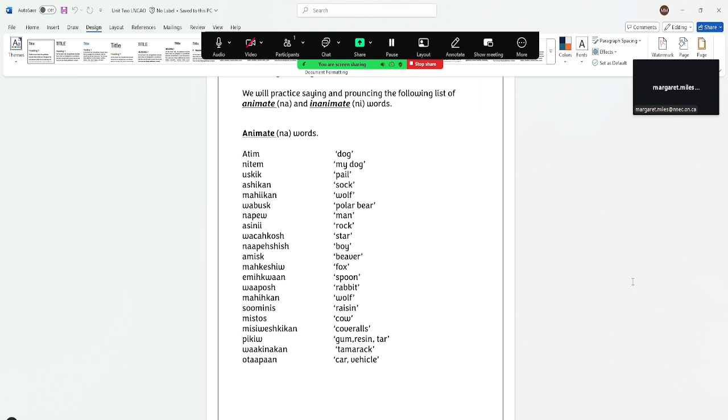Another example, you would not say beta napel, but you would say peso napel. Or you would not say beta amisk, but you would say peso amisk.